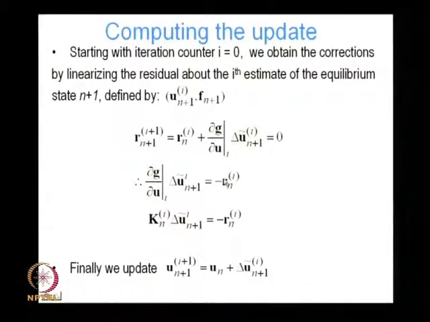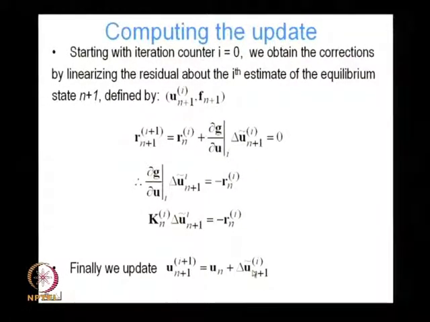I move it to the right hand side and then I invert this matrix, since this is a vector, this is a matrix. So I invert this and then I find my new delta u i n plus 1, and once I find this I update: knowing my increment at iteration i I can find my increment at iteration n plus 1 using this sort of relationship.